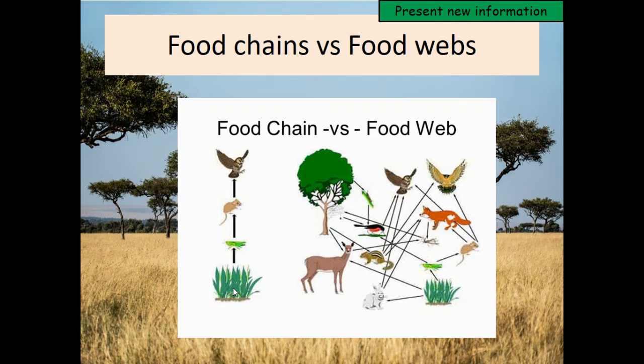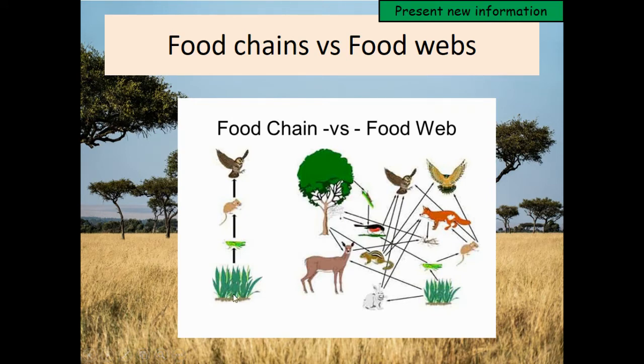You always start with a producer at the bottom. I will look at a food chain first, so don't look at the web one. I'll explain that later.